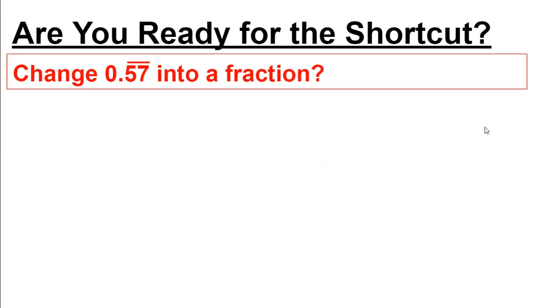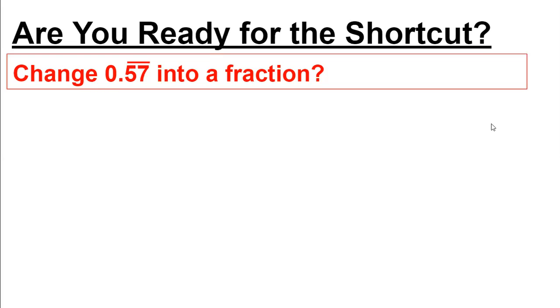We're going to change 0.57 repeating into a fraction. Now we know how to do that using the long method, right? We're going to set x equal to 0.57 repeating, and then we are going to multiply both sides by 100, right? And then we are going to subtract x from both sides. On the left side, we subtract 1x.